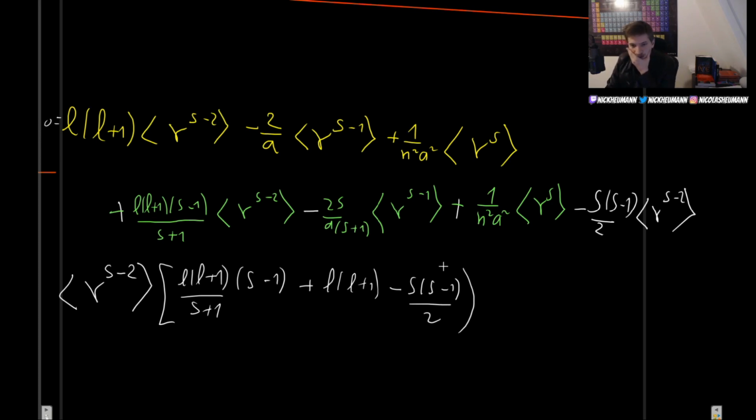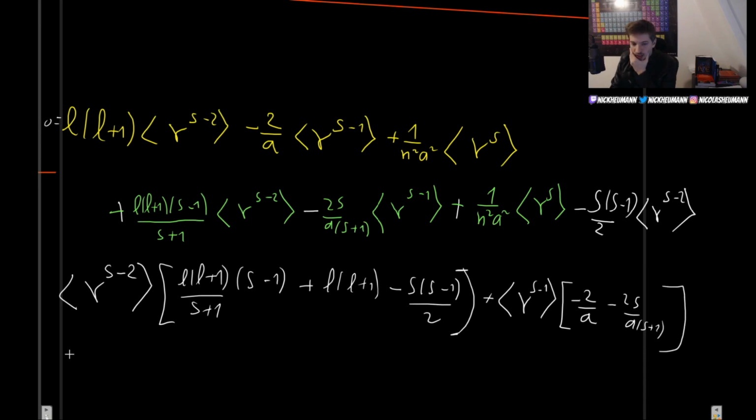Okay. What do we have then? Then we have the expectation value of R to the S minus 1. So maybe let's go for plus expectation value of R to the S minus 1. Oh, this is supposed to be a square parenthesis. Doesn't matter much, but consistency. And this is multiplied by minus 2a, and down here by minus 2s over a s plus 1.